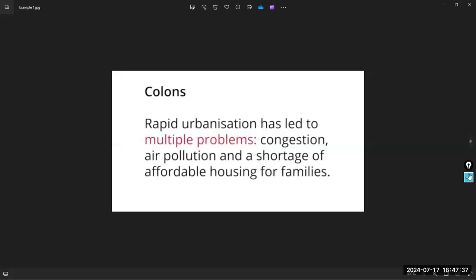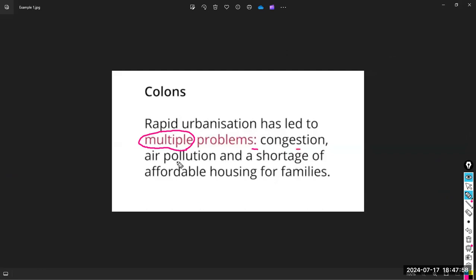So this is the final example I want to discuss. Notice that rapid urbanization has led to multiple problems. What are they? Especially if you want to write numbers, many, much, multiple. So what are the problems or the multiple problems that you meant?